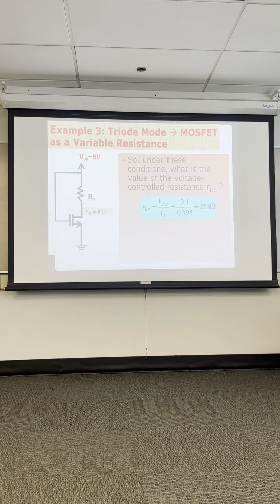And if we calculate the drain to source resistance under this channel for this triode mode, it's equal to the drain to source of 0.1 over 0.395 milliamperes, 253 ohms.